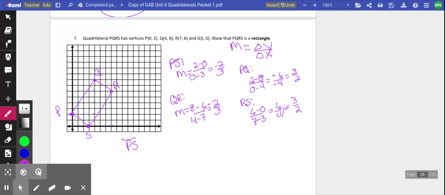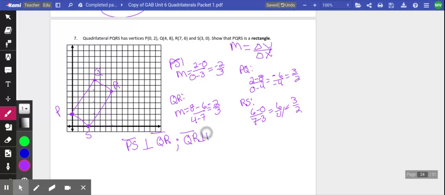So I found the slopes. PS is negative 2/3, QR is negative 2/3, PQ is 3/2, RS is 3/2. So therefore I know PS is perpendicular to PQ.